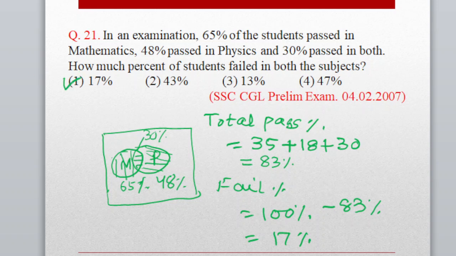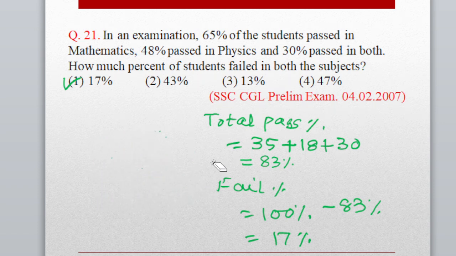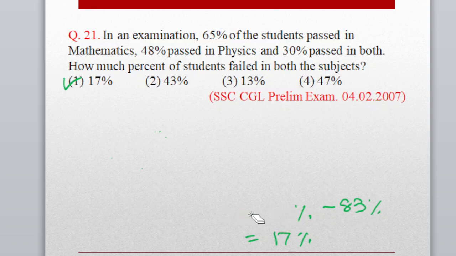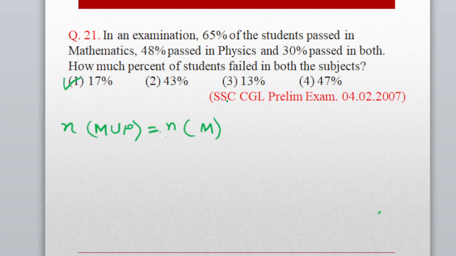Now one formula is there. And what is that formula? Suppose one subject is mathematics, another one is physics. Now here, this is the total pass percentage, mathematics and physics.